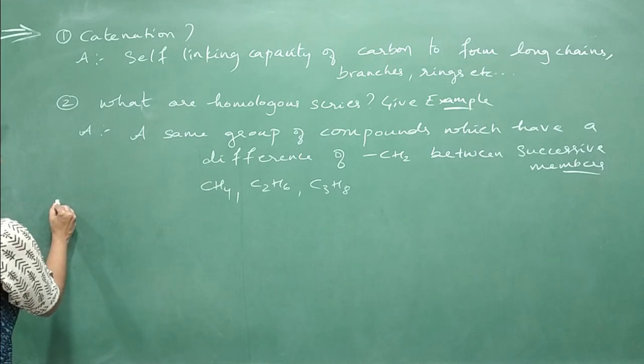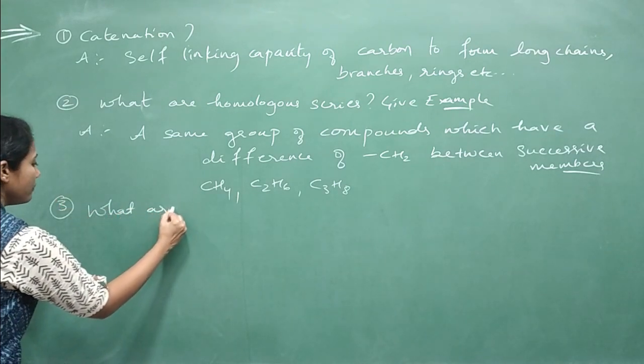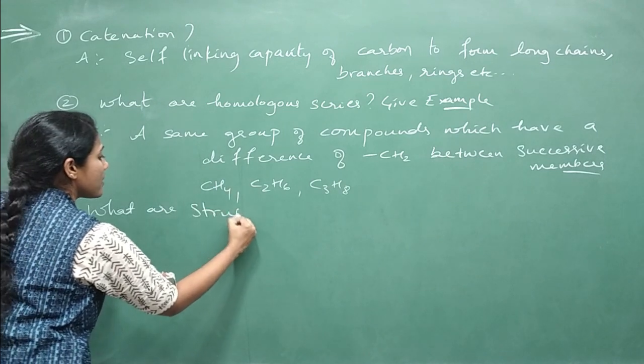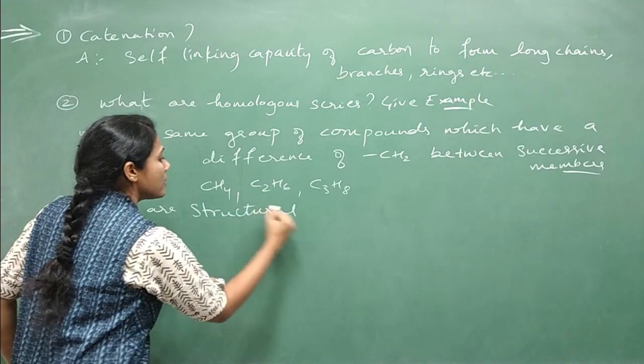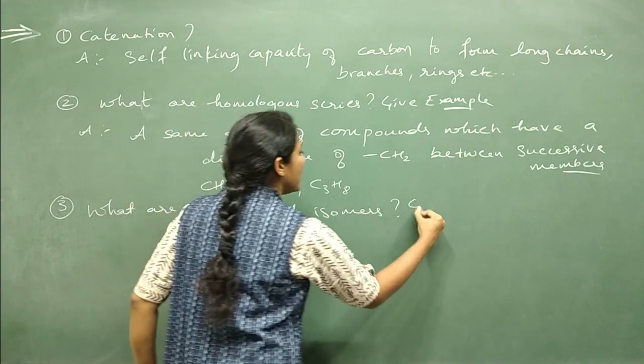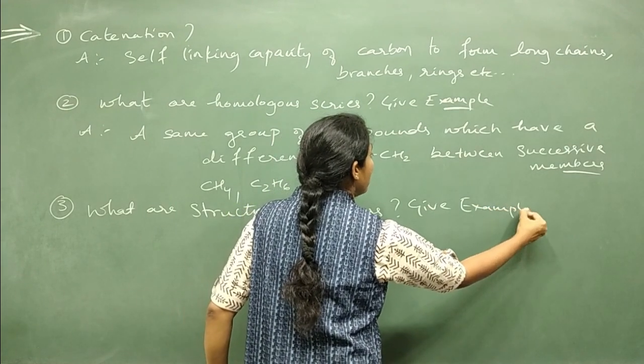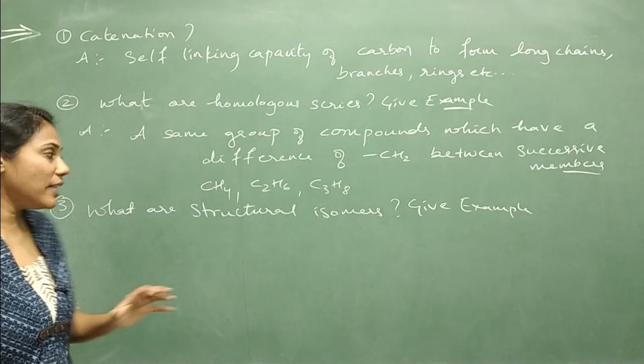And coming to the third question: what are structural isomers? Give an example. So this is another important question, guys. Very, very important. So what do you mean by structural isomers?